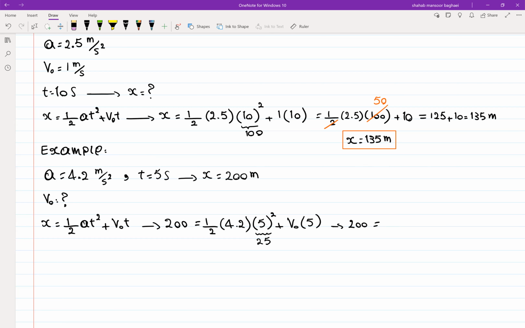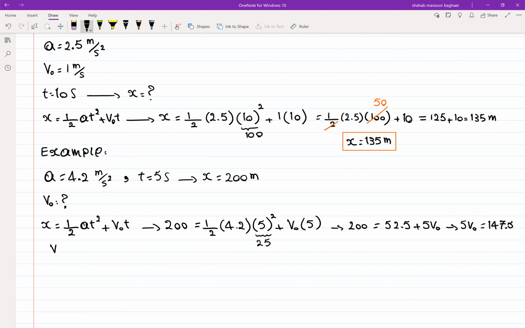2.1 times 25, that's 52.5, plus 5 V0. So 5 V0 equal to 147.5.